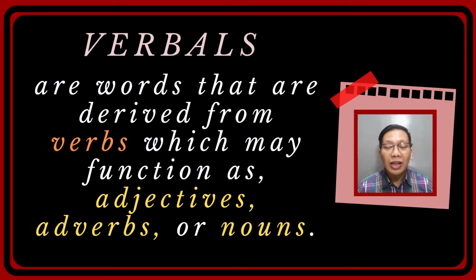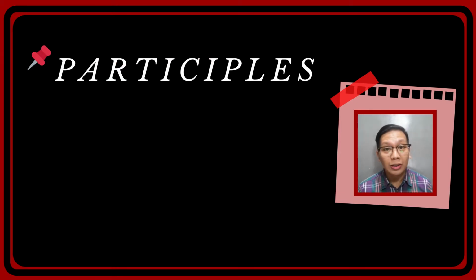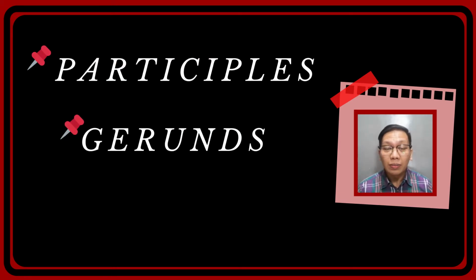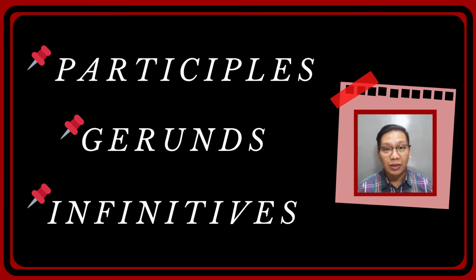Verbals are words that are derived from verbs that may function as adjectives, adverbs, or nouns. There are 3 types of verbals. These are participles, gerunds, and infinitives. We are going to talk about them one by one, starting with participles.